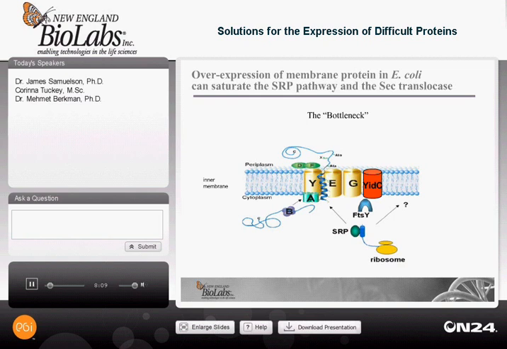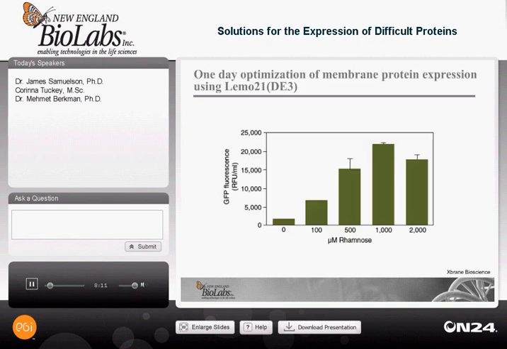And that's where the LEMO21 strain is so useful. As shown in this slide, optimization of expression may be accomplished in one day using one strain. In this example, a polytopic membrane protein was fused to GFP so that the expression level could be easily measured. Researchers at XBrain Bioscience found that 1,000 micromolar rhamnose was the optimal level for this particular protein.